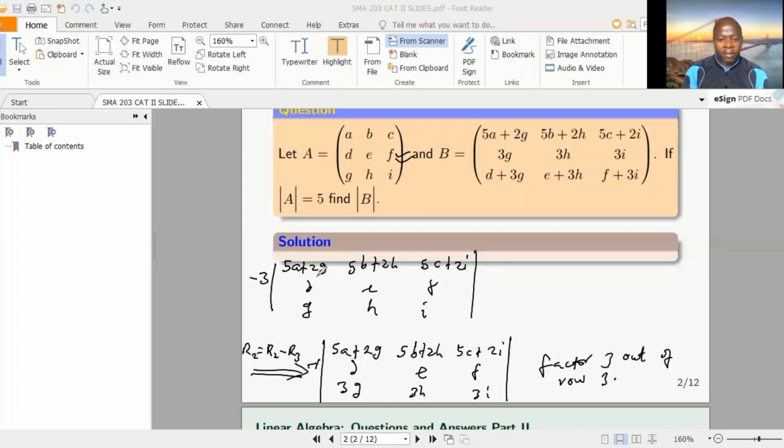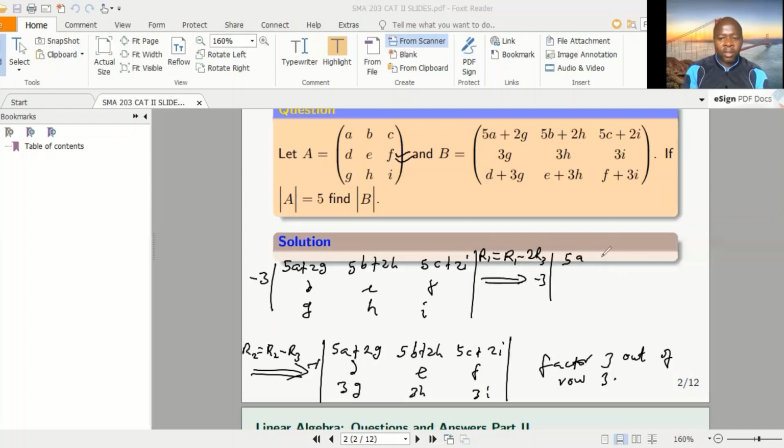Now, what I want this time, if I was to subtract 2 of row 3 from row 1, I would move very close to what I want. So to get the new row 1, I'm taking the original row 1 minus 2 times row 3. So it's minus 3 outside. This one times 2 will be 2G, separate from 5A plus 2G, and then 5A.